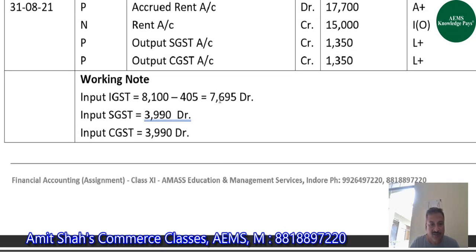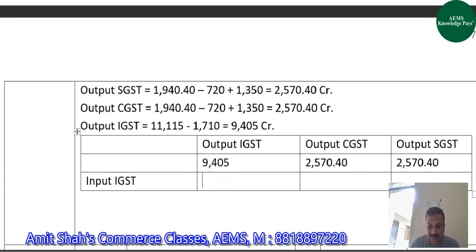So input IGST is how much? 7,695. So this we will subtract, less input IGST 7,695.